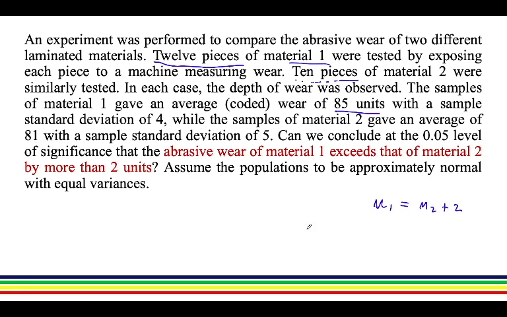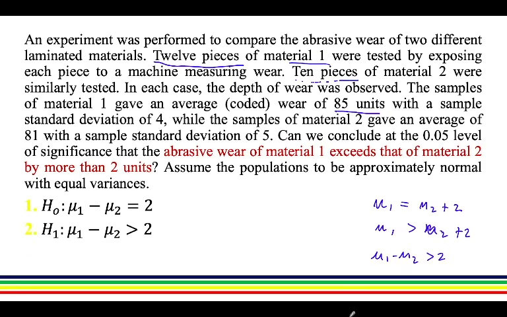And if we convert this into an alternative hypothesis, it will be something like this, greater than mu2 plus 2. And if we convert this into the standard form, mu1 minus mu2 is greater than 2. So our H0 is that mu1 minus mu2 is equivalent to 2, while our H1 is mu1 minus mu2 is greater than 2.